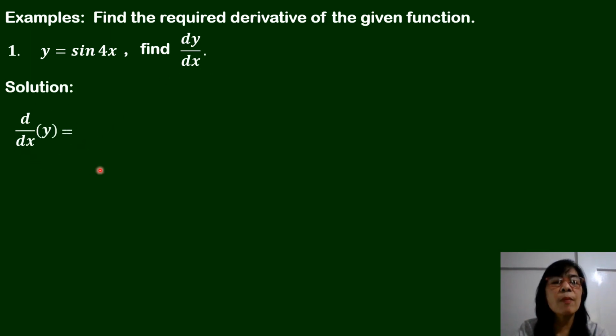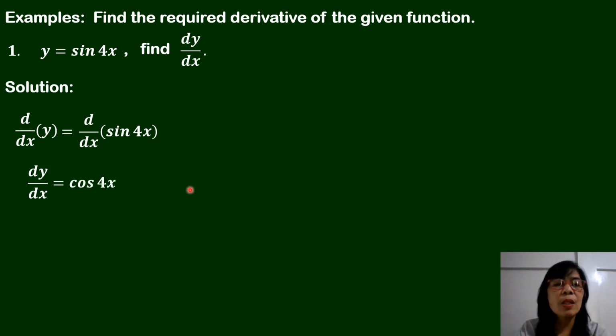We do the same, find the derivative of the right member with respect to x. So this is now our dy over dx. At the right side, we have the derivative of sine angle. If you're familiar with the formula, we know that the derivative of sine angle is equal to, in the next step, recite the right side of the formula. We have cosine angle times the derivative of the angle.